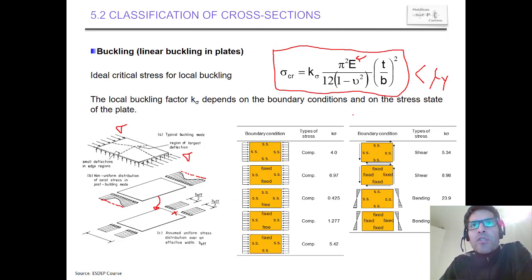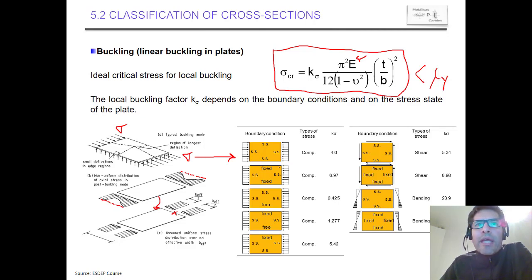The mathematical solution of this equation depends on the boundary conditions and the types of stresses that are applied. Okay, so this case corresponds to compression only, in which all borders are simply supported. SS means simply supported.